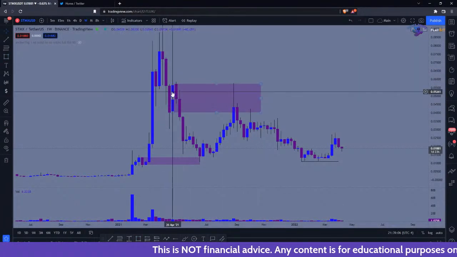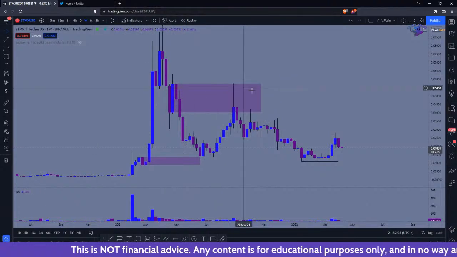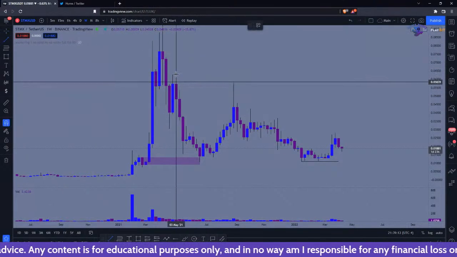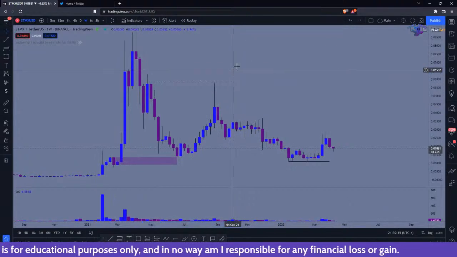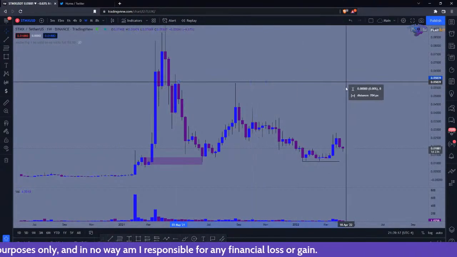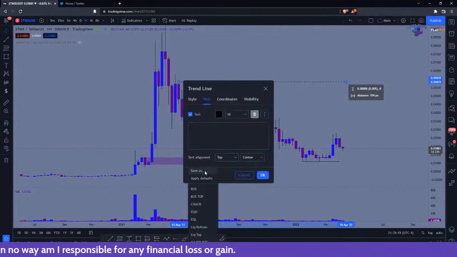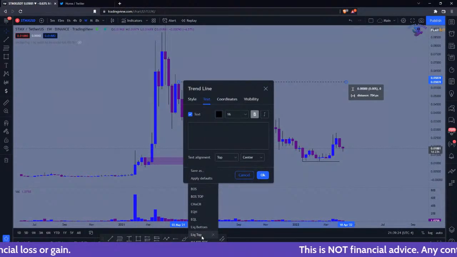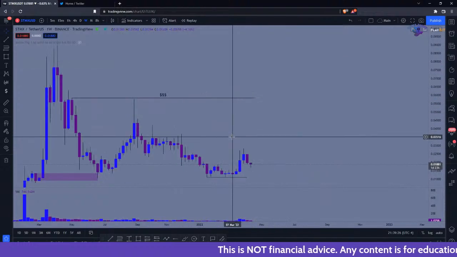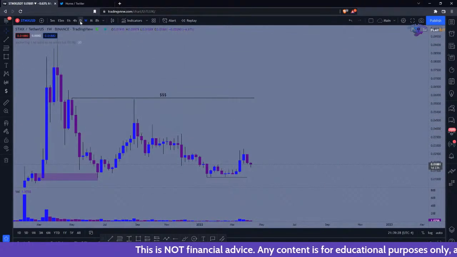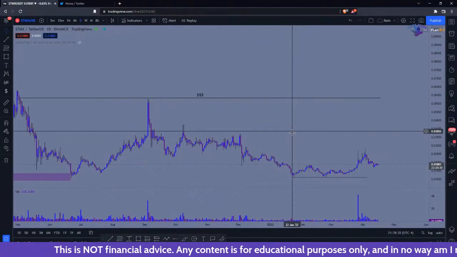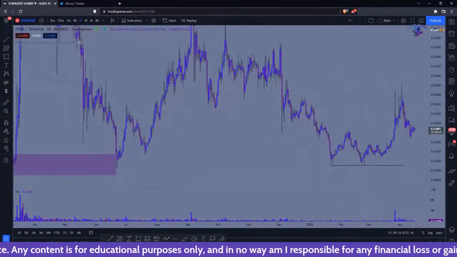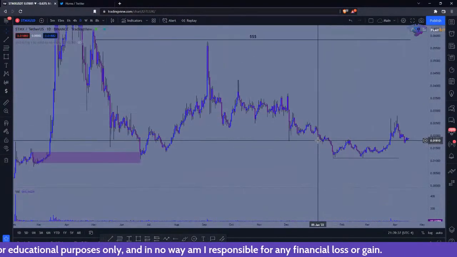There's a huge supply zone. I know we would refine this, but there's no reason to. I guess you could look at it like you formed equal highs here. For STMX bulls, know that their platform is to do with making crypto payments. Maybe I'm uneducated on STMX, but I don't think they've seen an insane influx in users. So with that being said, scaling into the daily, it doesn't look great.